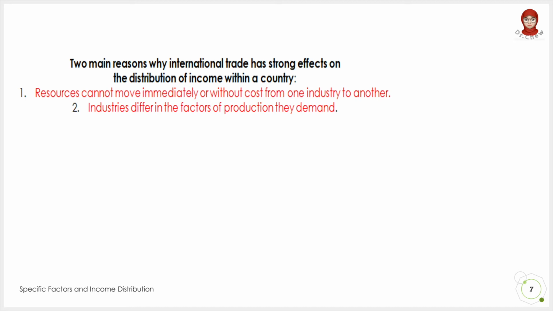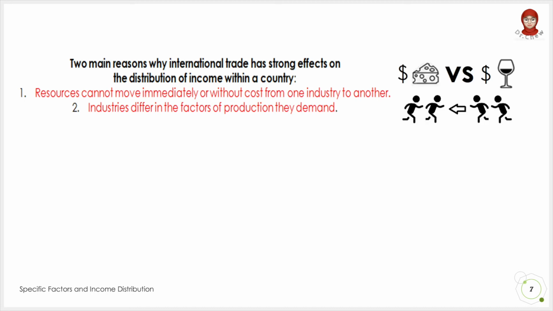Let's recall the example of the cheese and wine industry. Based on the Ricardian model, laborers can move and switch freely between the cheese and wine industry, depending on whichever pays higher wages. However, in reality, labor cannot move immediately as they want because the skills required for both industries are different.